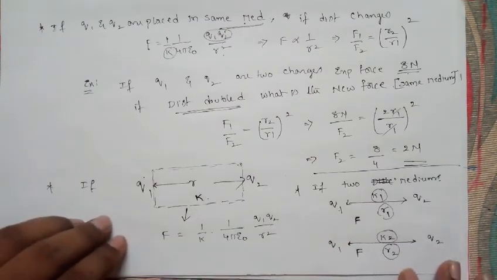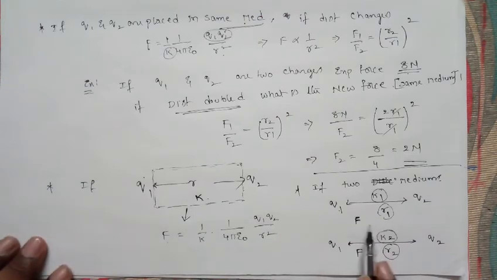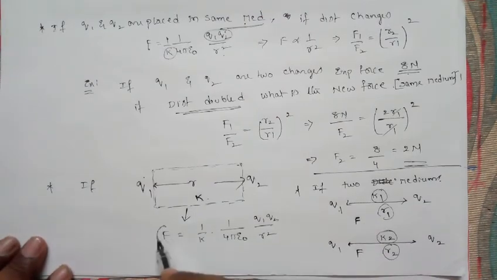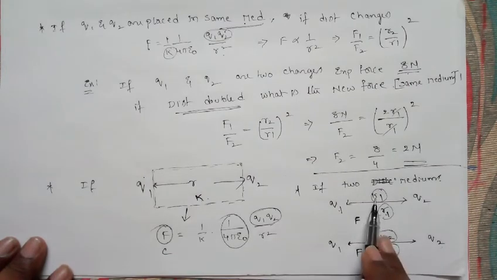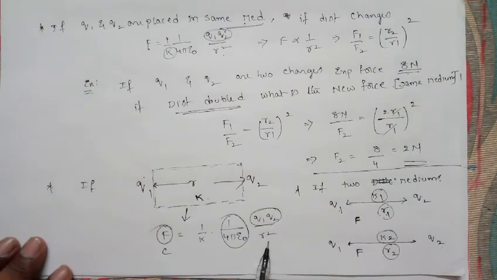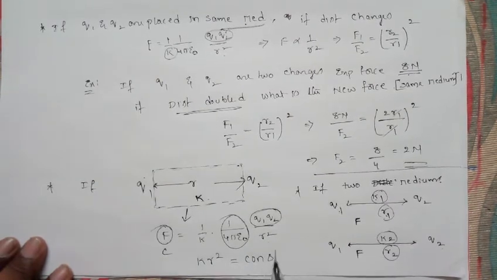The force is constant, Q1 Q2 also are not changing, and 1 upon 4 pi epsilon naught is a constant. What is changing here is the distance as well as the dielectric constant. So K r square equal to constant.